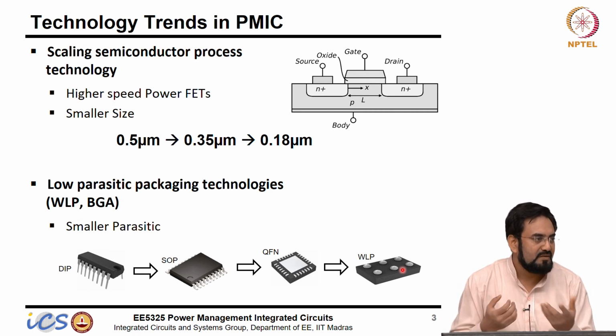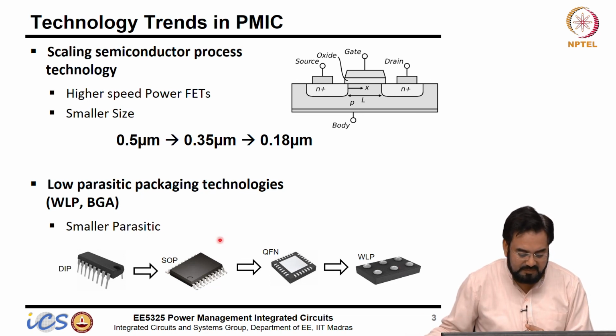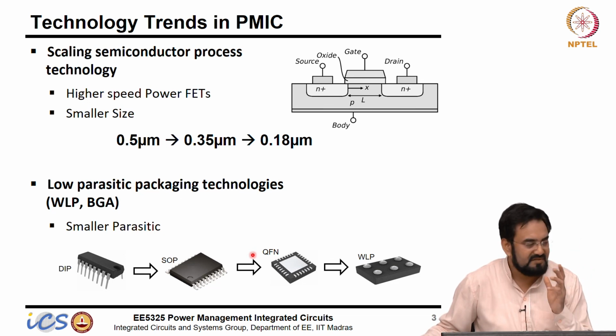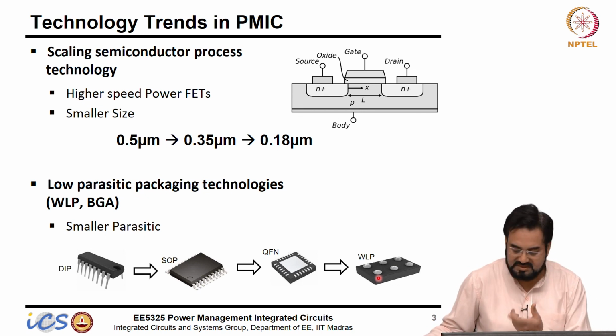So you cannot have more than a few hundreds of picohenry inductor. But if you have any bond wire, you can easily get 1 or 2 nanohenry, and that will kill everything, especially if you are doing very high current converters. So from a parasitic point of view, this is the best, and also from a size point of view, because your package is the same as die size.